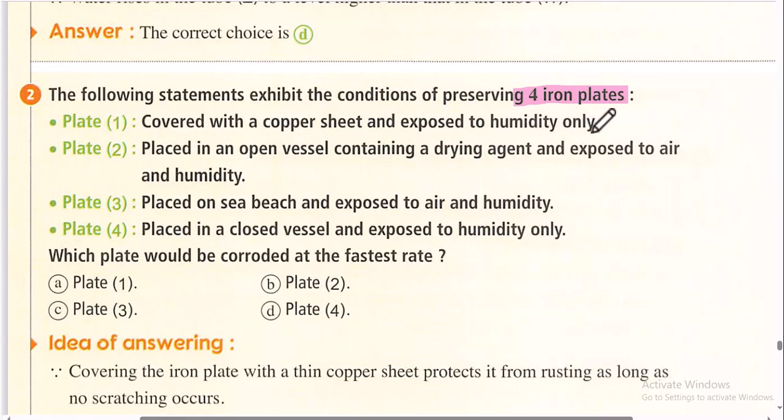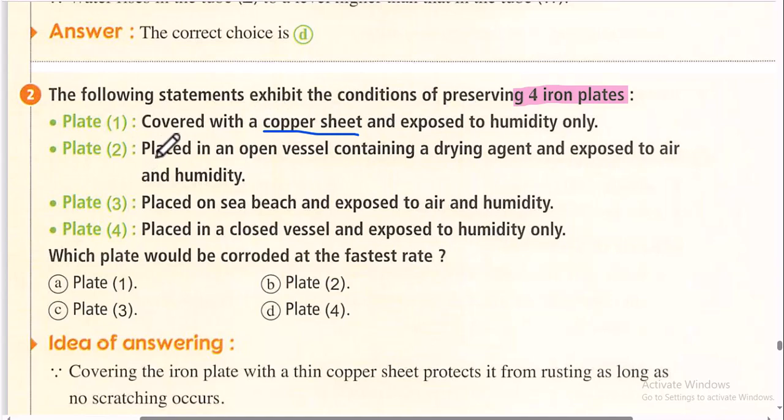Exposed to humidity, yes, the copper sheet will act as a cathodic protection. The iron, or steel, will not corrode, except if there is a scratch in the copper sheet, so that iron acts as anode and the copper sheet acts as cathode. But this will happen only when the copper is scratched.